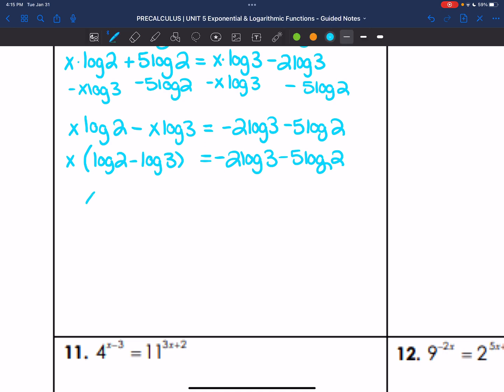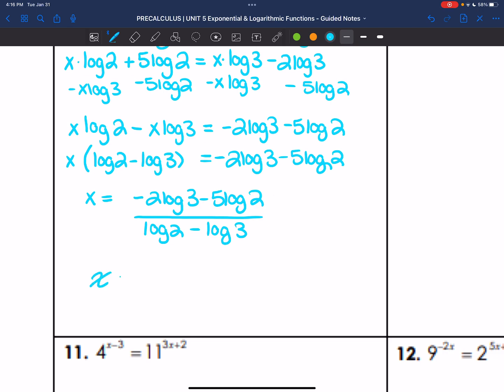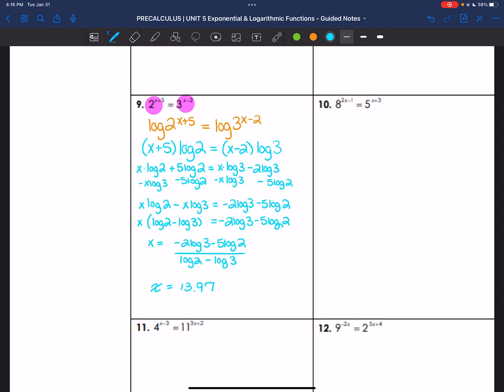So we'll have that x is equal to everything that was on the right divided by the log 2 minus the log 3. And then you type that entire right-hand side into your calculator, and you will get that x is approximately 13.97. Pretty remarkable there. That would be your final answer.